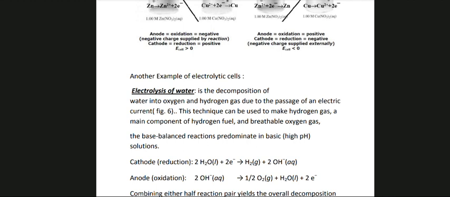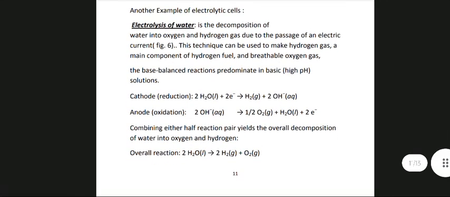Electrolysis of water is the decomposition of water into oxygen and hydrogen gas due to the passage of an electric current. This technique can be used to make hydrogen gas, a main component of hydrogen fuel, and breathable oxygen gas. The base balanced reactions predominate in basic, high pH solutions. Cathode reduction: 2H2O liquid plus 2 electrons gives H2 gas plus 2OH- aqueous.